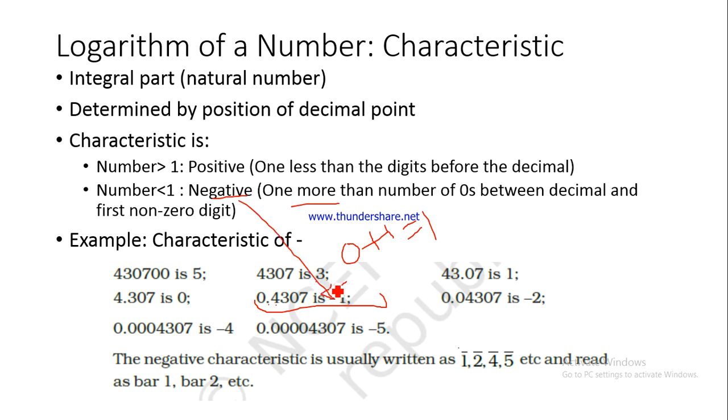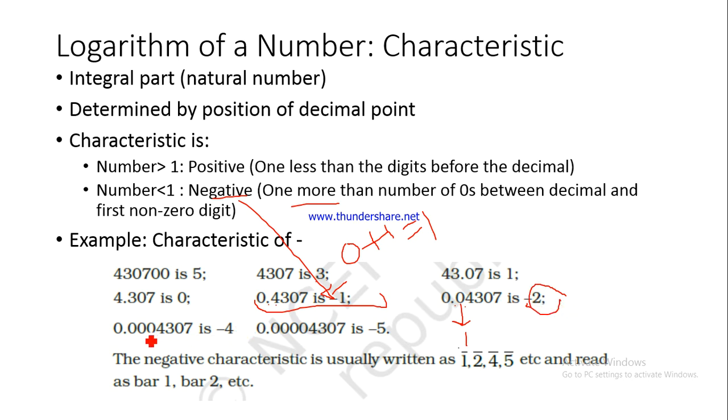Okay, now have a look at this example. Here you understand it is less than 1, so it has got to be negative. The number of zeros between the decimal and the first non-zero digit is just 1, and 1 plus 1 is 2, so the characteristic is minus 2, right?